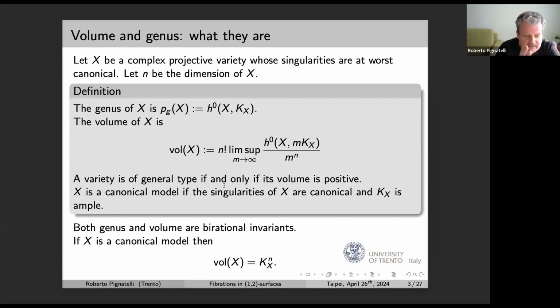However, it's important to know that the volume, so defined, is a birational invariant, since for a canonical model, the volume is the self-intersection of the canonical divisor. And so in the future slides, whenever I have a canonical model, I will probably use K to the n, which I'm more used to as a definition. But I think a good definition is this one, because it's a birational invariant. We are doing birational geometry in some way.